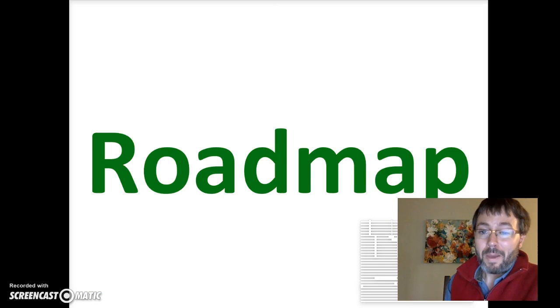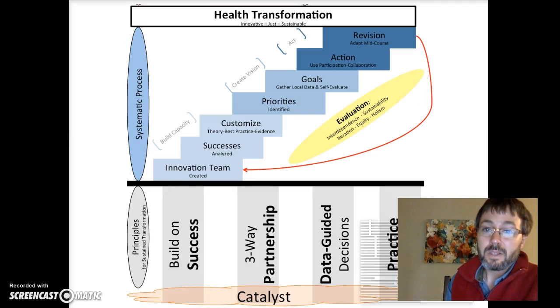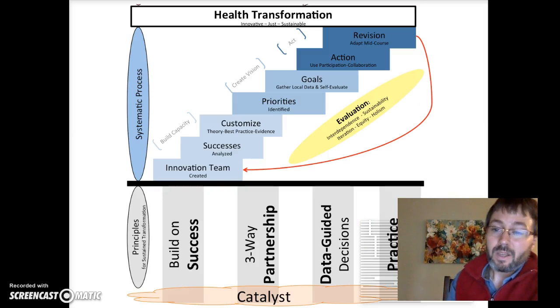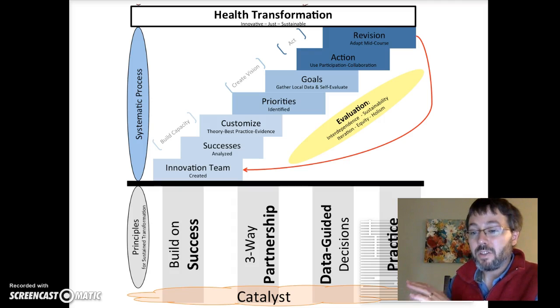So the two roadmaps that we talked about were evidence-based practice and sustained transformation. The sustained transformation model is based off of the SEED-SCALE model by Taylor, Ide, and Taylor that we talked about. And we're looking at these portions in this course: the catalyst for change, principles for making the change stick, and how we actually go about doing that change in order to achieve innovative, just, sustainable change.